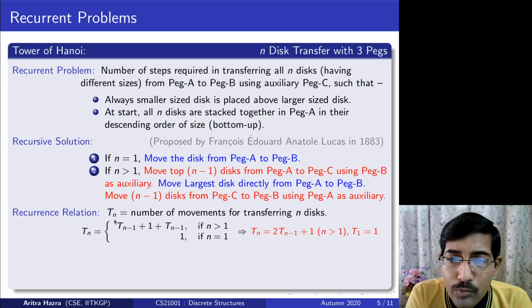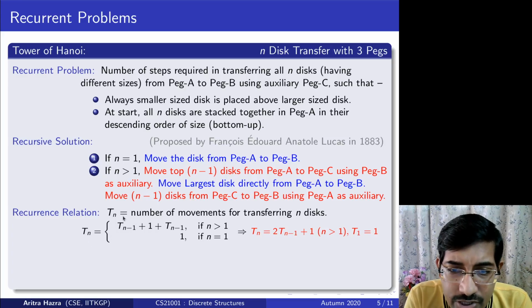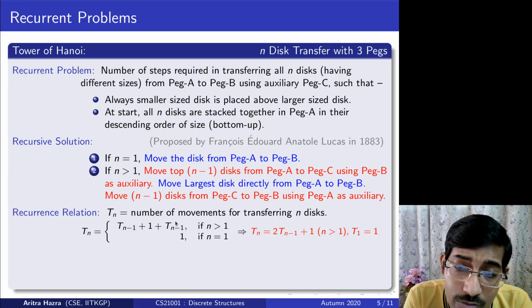So, looking at this strategy of solving, we could easily see that if Tn is the number of movements to transfer, then it first transfers n minus 1 disks. Then it places the larger disk into the destination peg, plus putting back all those n minus 1 disks which were waiting in the auxiliary peg towards the destination.